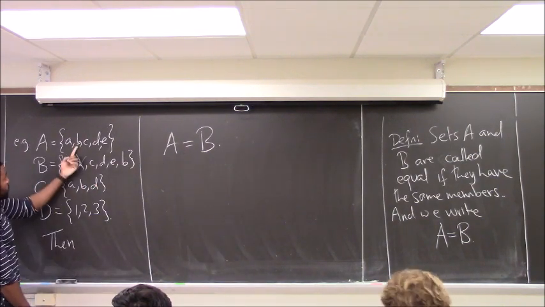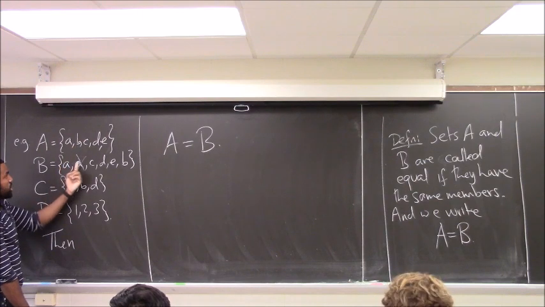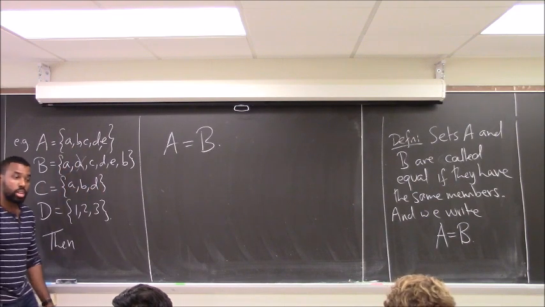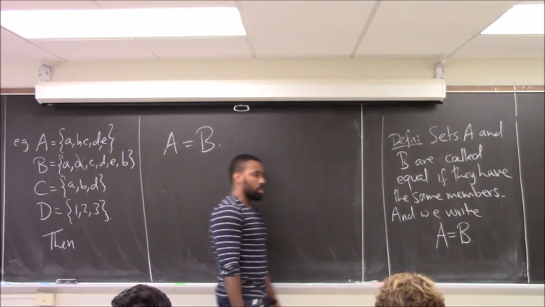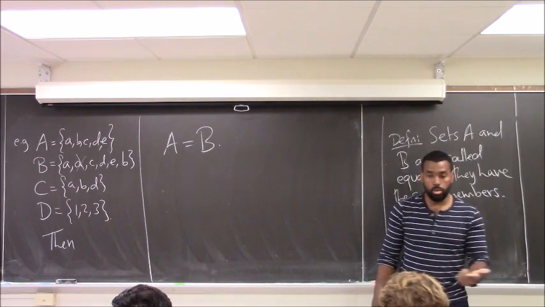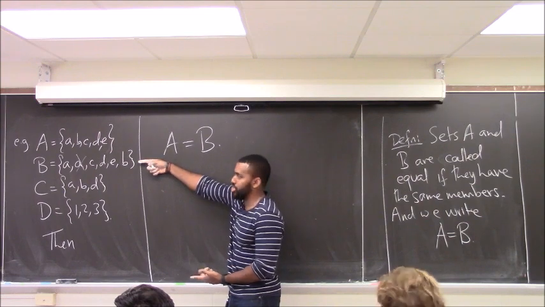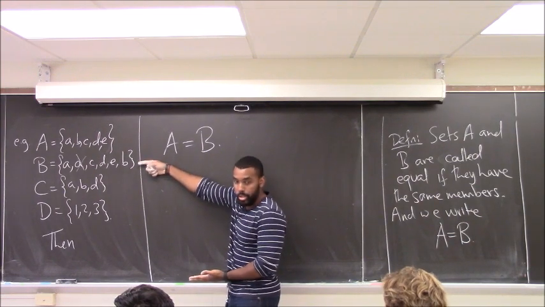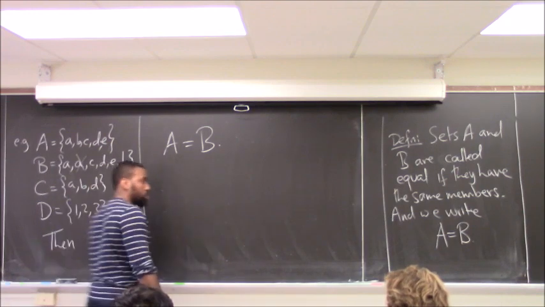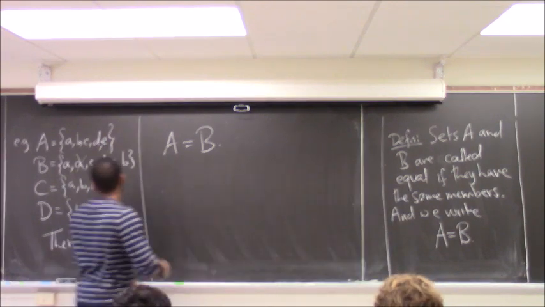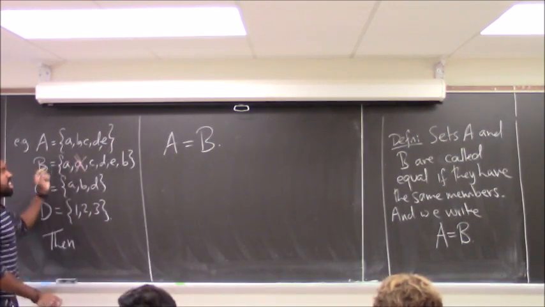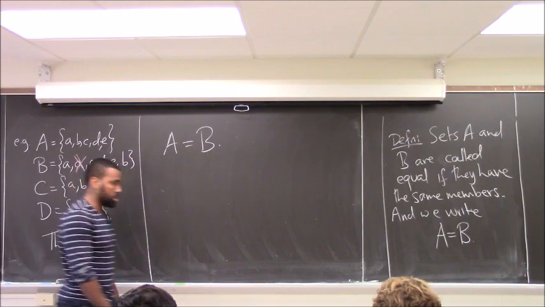So the fact that the B shows up in the second position in here, but it shows up in the last position there, is irrelevant to a set. Sets are unordered, they don't require repetition. In fact, you wouldn't even write this down in the first place unless you enjoy writing things down. That won't make a difference. So sets ignore repetition, they ignore order. A and B are precisely the same thing as far as sets are concerned.